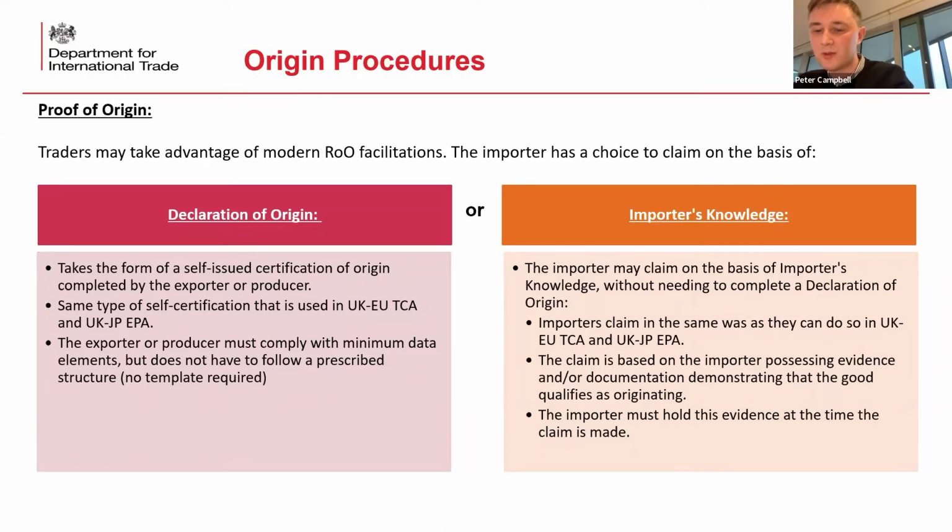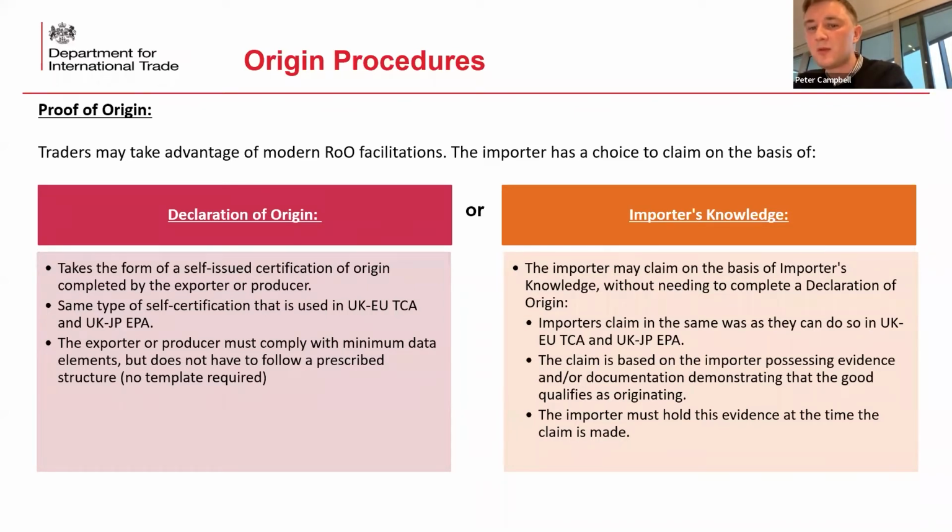So what this means is that if your invoice is already going to contain certain elements, I guess some of the changing elements like the date or the name of the importer, the date of shipment, etc., then you can attach that to the origin declaration, which might contain the rest of the elements, such as the description of the good and the name of the exporter.